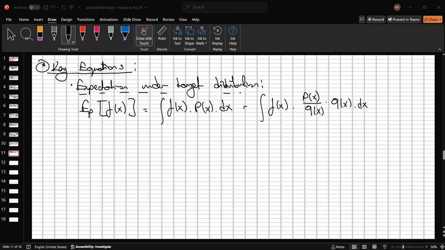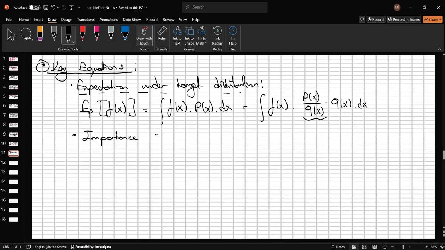But what is the importance of this p(x) divided by q(x) times q(x) in here? These are the function or the coefficients of the random variable. We can assign q(x) and p(x) some functions, and so we can sample to what?